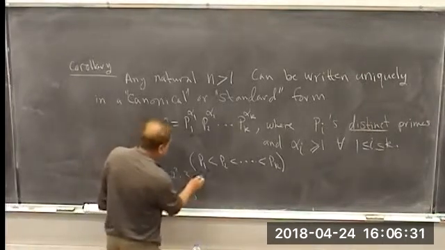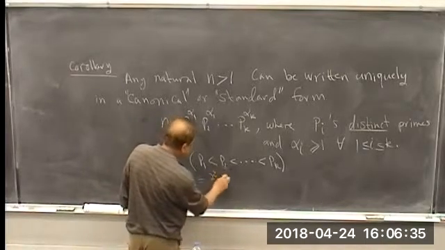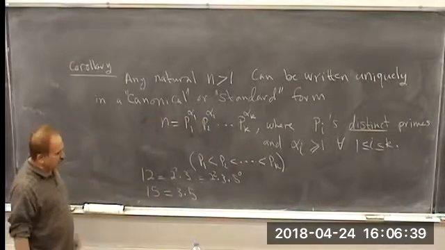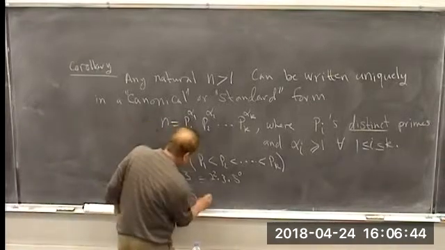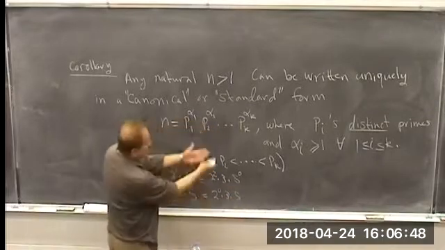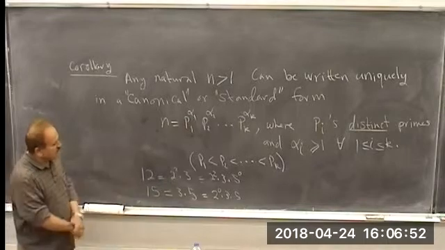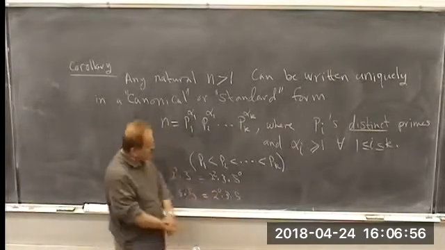For convenience, we could express this by putting 5 to the 0 in 12, because the 5 appears in the other number, and write 15 as 2 to the 0 times 3 times 5. So the primes in both numbers appear without affecting their numerical value or magnitude.